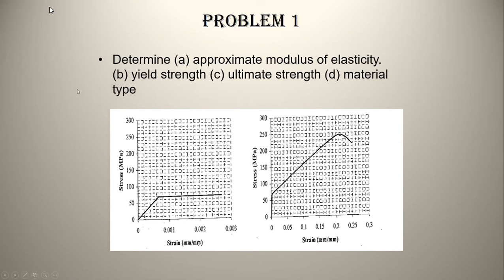Here is the first problem. Determine the approximate modulus of elasticity, and you're given the stress strain diagrams for these. This one is the original diagram with not an expanded scale, and this is the same material, same diagram, but with an expanded scale.